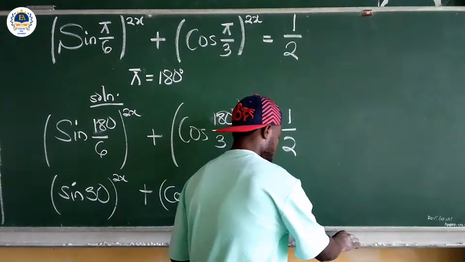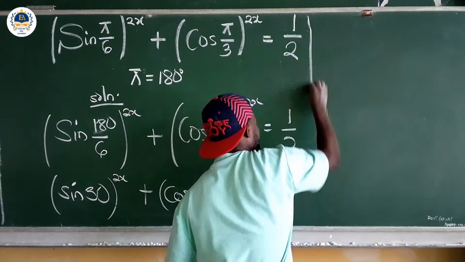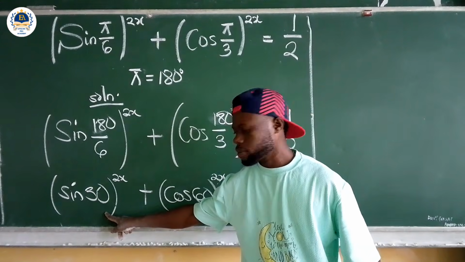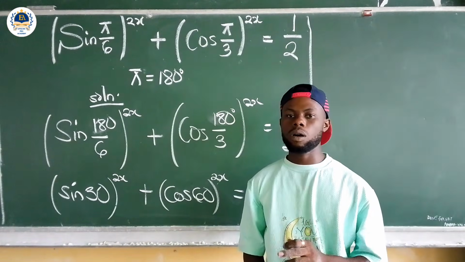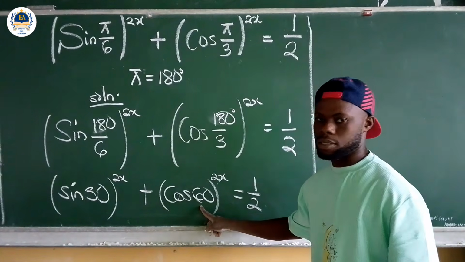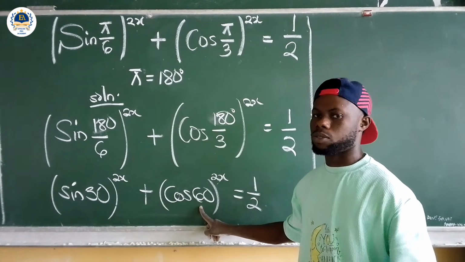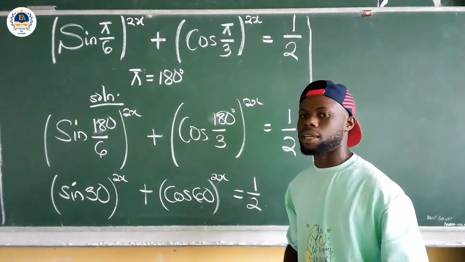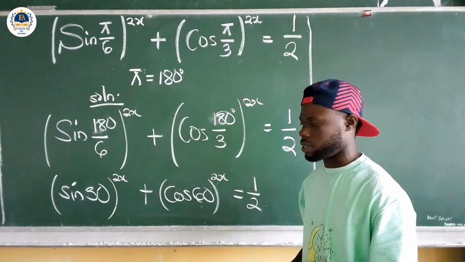Next, we have sine 30 degrees is equal to 1 over 2. And cos 60 degrees is also equal to 1 over 2 because they are complementary angles. The relationship between sine and cos is that they are complementary.